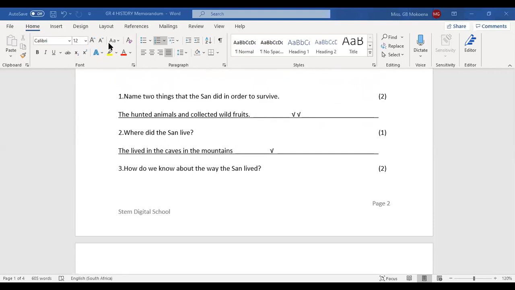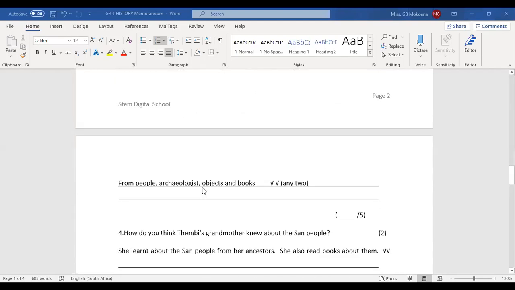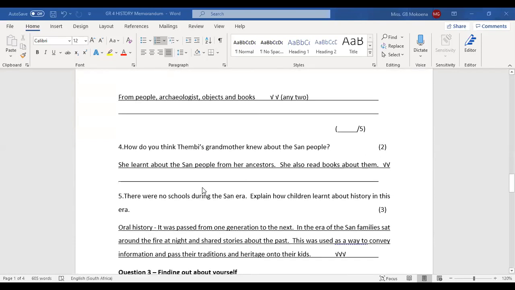Ma'am, I said they left paintings on the rocks and hunting tools. Yes, they left paintings on the rocks and tools. Nice one. That is correct. Okay, Awande.